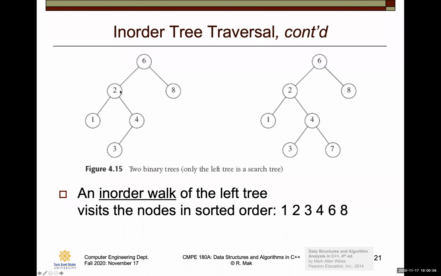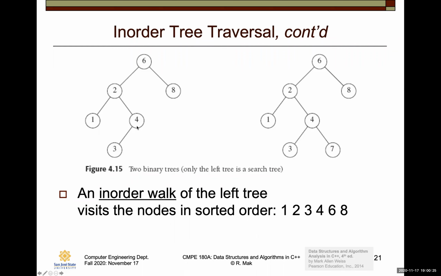When we're at 2, we visit the left child first. That gives us a 1, and then we visit the node itself, which writes out the 2, and then we recursively visit the 4, which says visit the left child, the 3, now visit the node itself, which gives us the 4, and so forth.